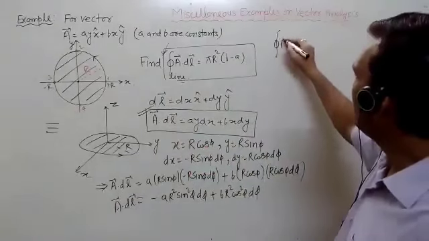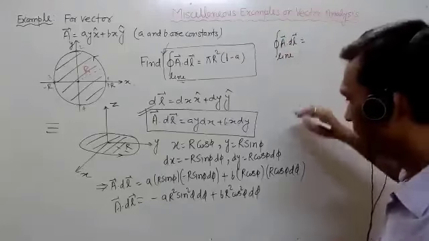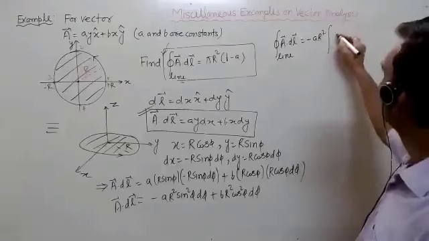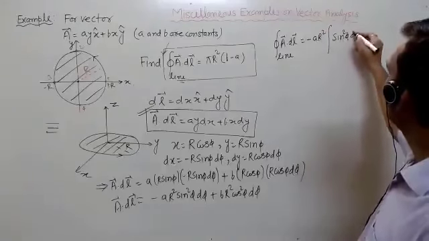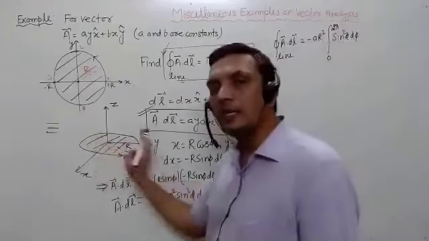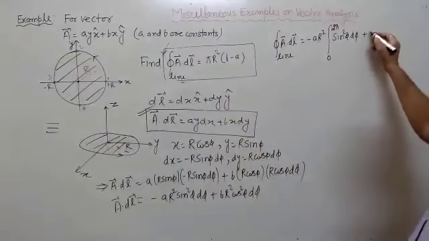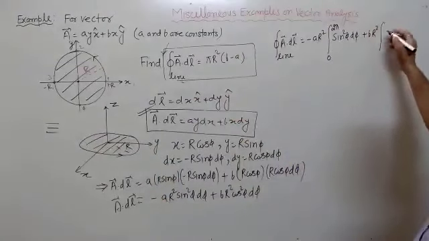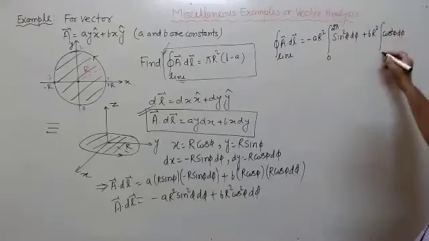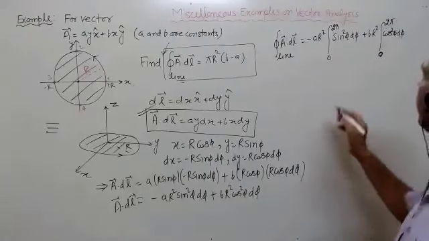Then now you can directly find closed integral of A dot dl. So this will be minus a r square sin square phi d phi, limit will be 0 to 2 pi. You can see in circle limit will be 0 to 2 pi. And b r square cos square phi d phi, this will be 0 to 2 pi.